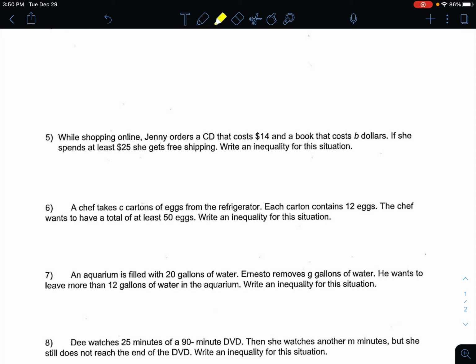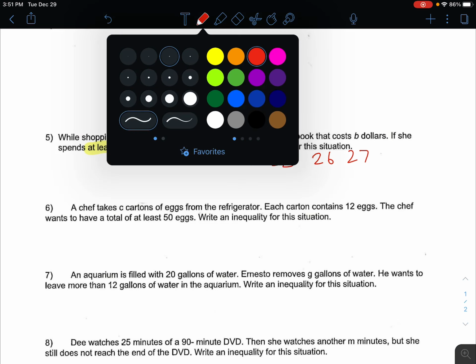So she needs to spend at least 25. I'm going to do the same thing as before, with 25. So here we have how much Jenny spends. How much Jenny spends is going to be either 25, or it can also be 26, 27, and I like to go 2 numbers below just as a safety.